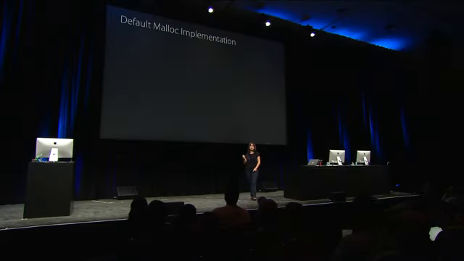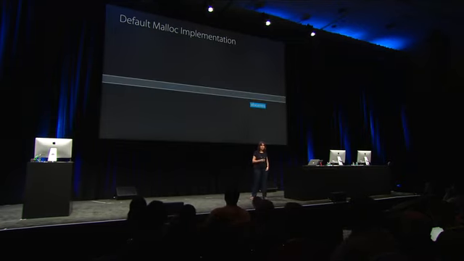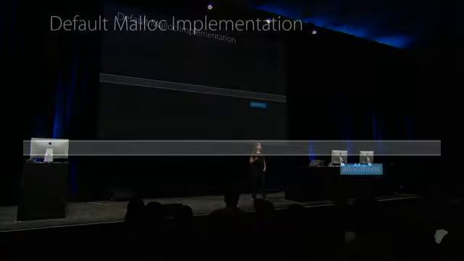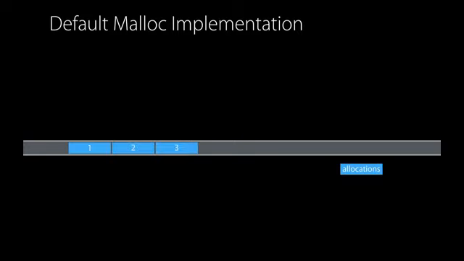Now let's talk a little bit about the heap. To catch overflows and other bugs in the heap, Address Sanitizer provides its custom allocator that replaces the default malloc implementation. The default allocator can organize objects in various ways. For example, it can lay out objects one after the other, which is great for optimizing memory consumption.